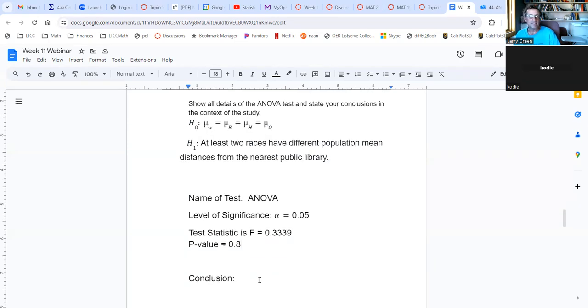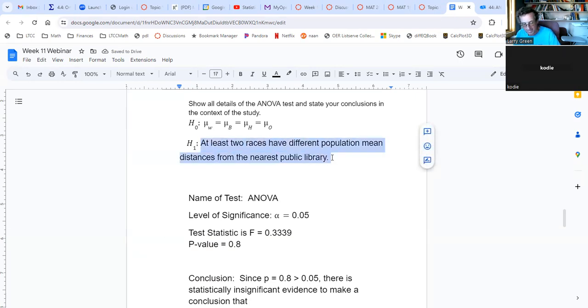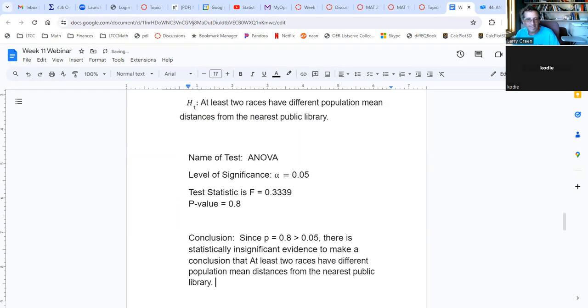So the conclusion, let's write it down. Since p is equal to 0.8, which is definitely greater than 0.05, there is statistically insignificant evidence to make a conclusion that, and the good news is I can copy and paste H1 and change the capitalization, at least 2 races have different population mean distances from the nearest public library.